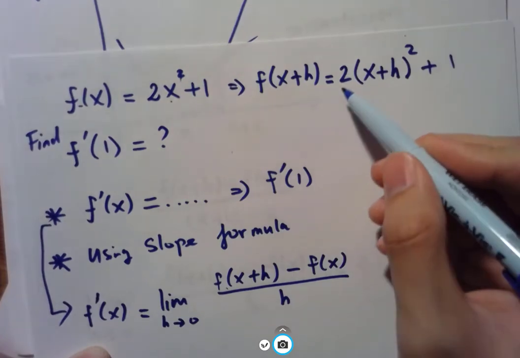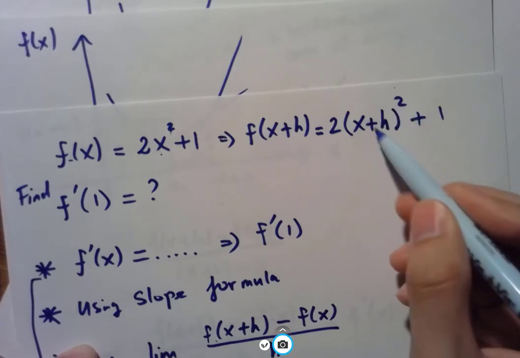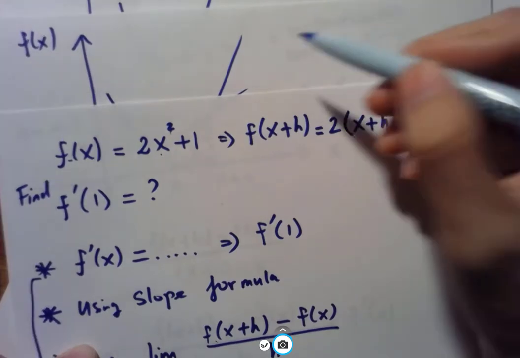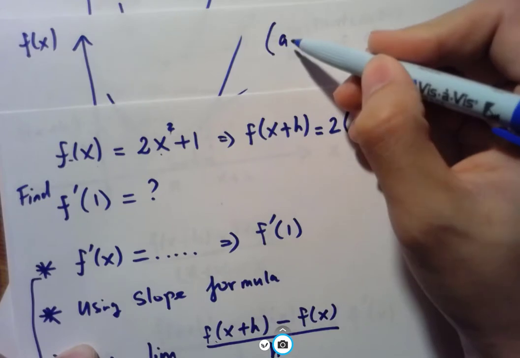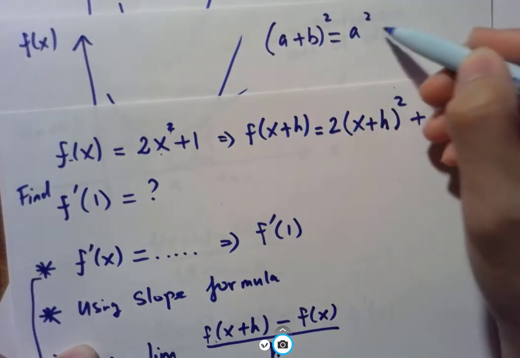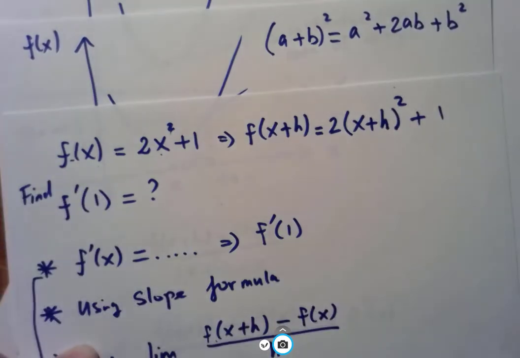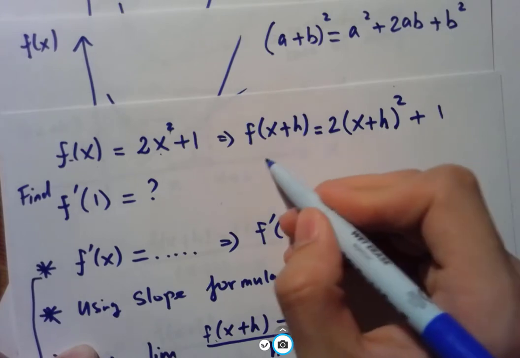Remember, this is the square of the binomial. So remember, we have the formula a plus b squared is equal to a squared plus 2 times ab plus b squared. So I can do simplification right here.